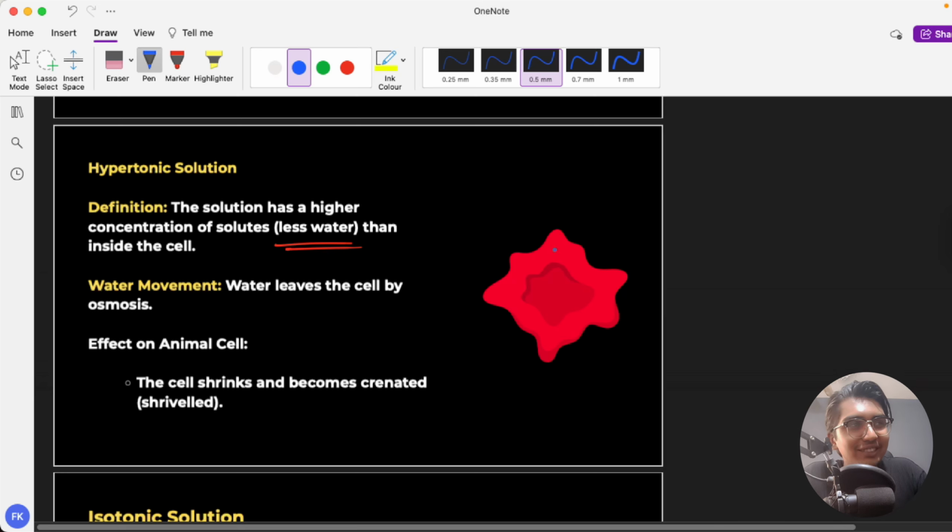So Uno reverse, over here the cell has more water molecules than outside of the cell. As a result, what should the movement of water be? As we have learned in the definition of osmosis, water moves from higher concentration to lower concentration, down the concentration gradient.